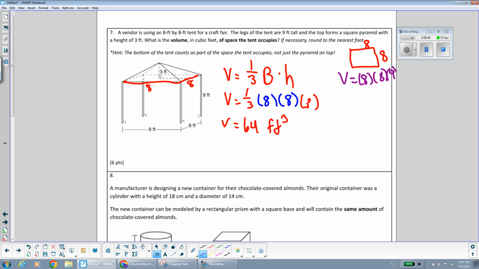So on my calculator, let me do 8 times 8 times 9. And I got 576 cubic feet. If I add these two together, I get a total of 640 cubic feet.